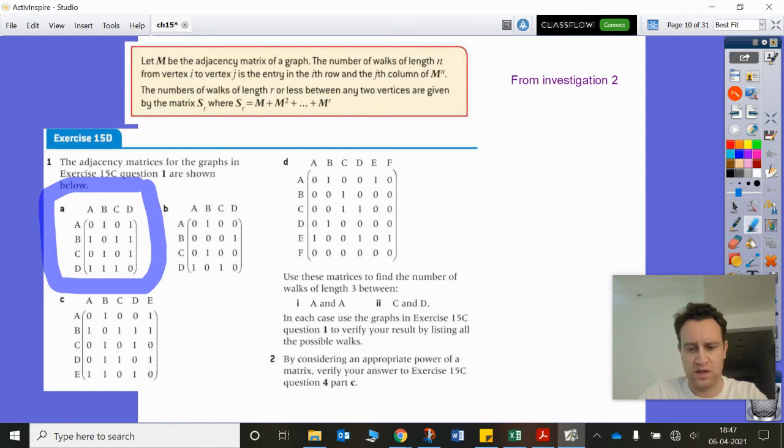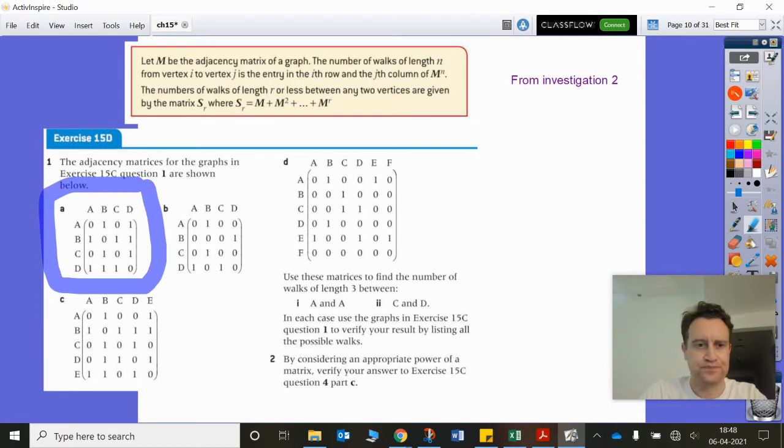So 4, tab across, and 4 again. Then OK. And we're going to put in the original matrix. So we've got 0, 1, 0, 1. And 1, 0, 1, 1. And then 0, 1, 0, 1. And then finally, 1, 1, 1, and 0.